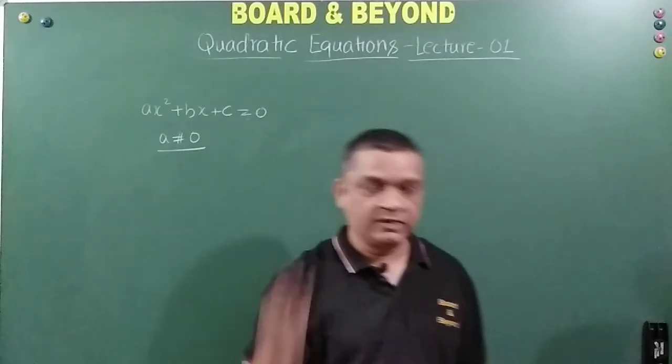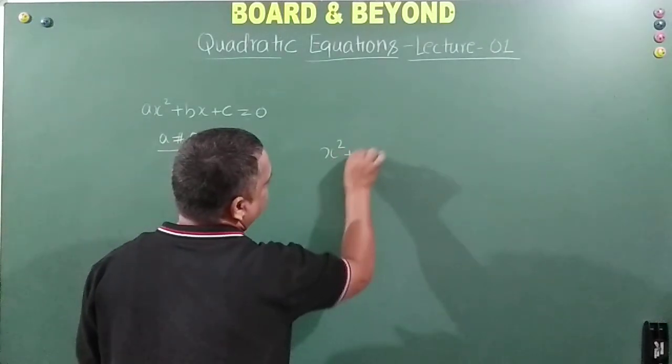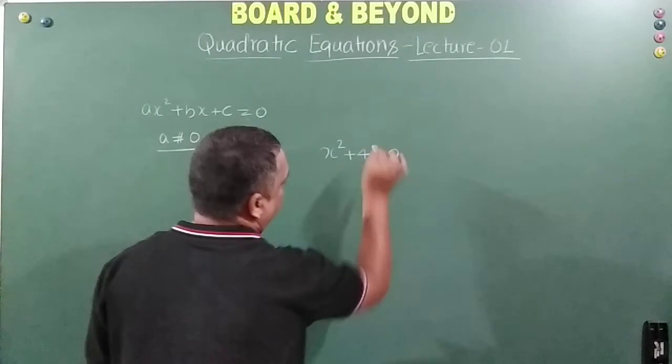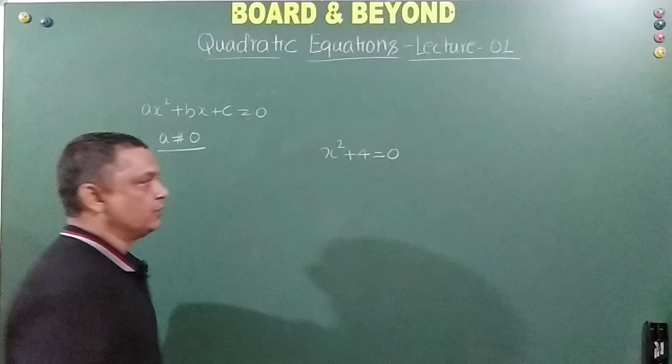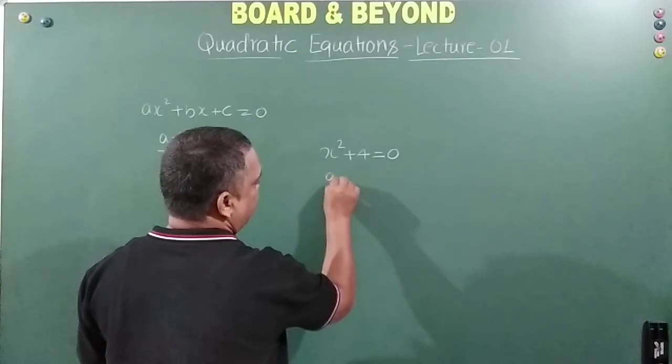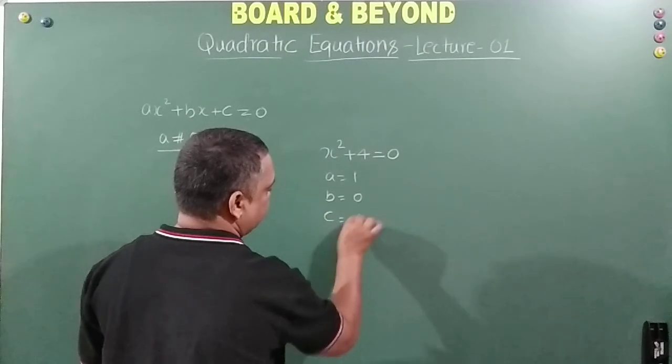So b can be 0. For example, x square plus 4 is equal to 0 is very much a quadratic equation, where the value of b is equal to 0. We can say a is equal to 1 here, b is equal to 0 here, c is equal to 4 here.